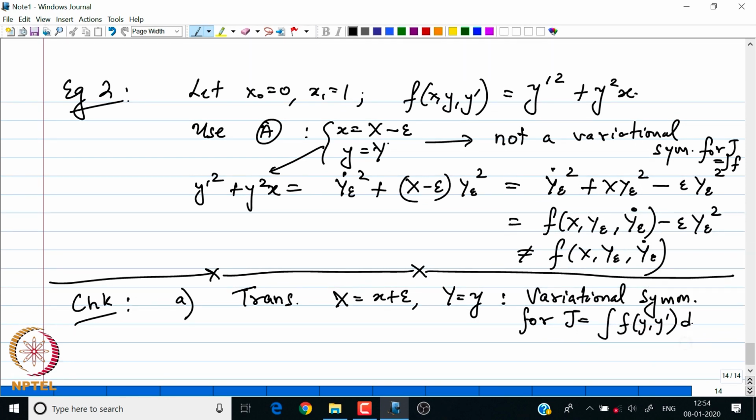This sort of transformation is a variational symmetry where we have an integrand which is independent of x. So this sort of translational transformation will work.